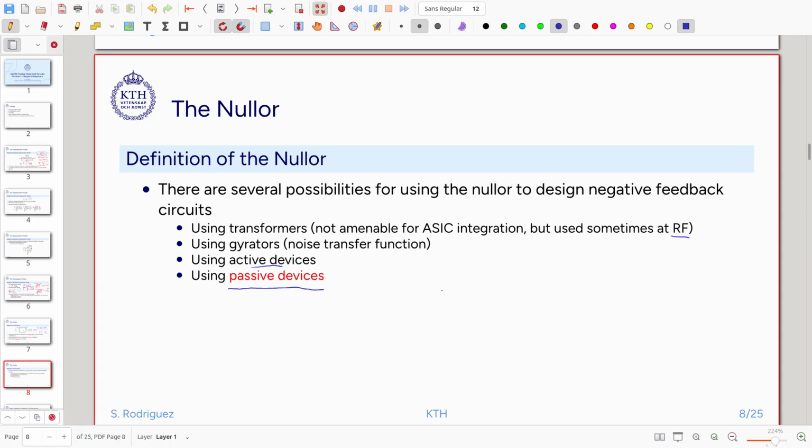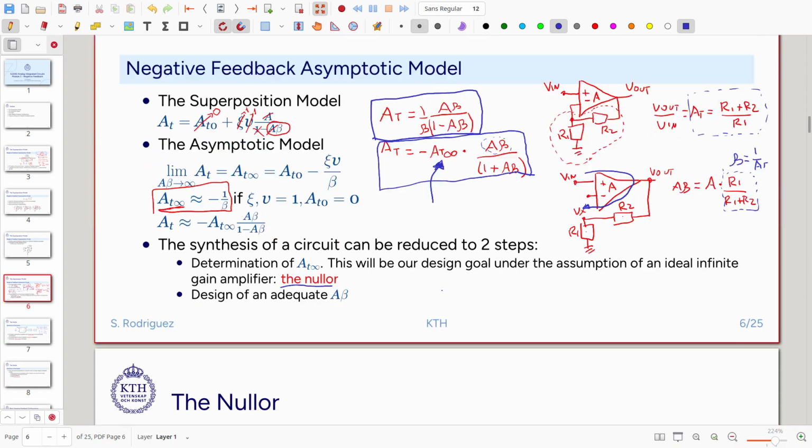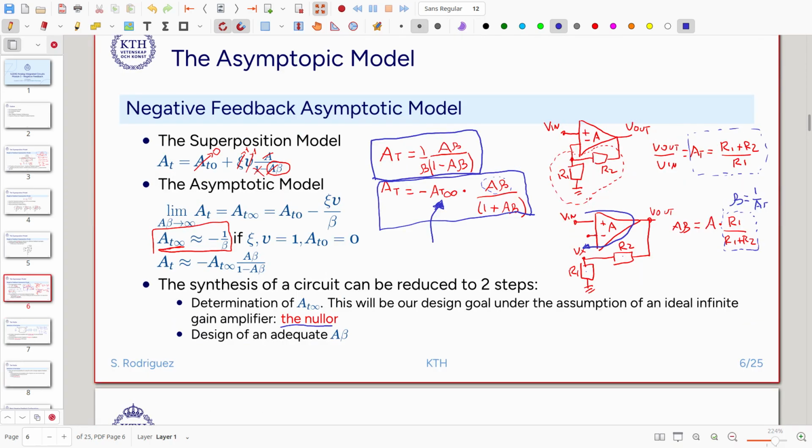Okay, so if they are very linear, then, as we saw in the previous example with this non-inverting amplifier, if my resistors are very linear, then the whole transfer function will become linear, assuming that we have a lot of loop gain. The gain will only depend on the resistors. If they are very linear, the whole transfer function will be very linear.